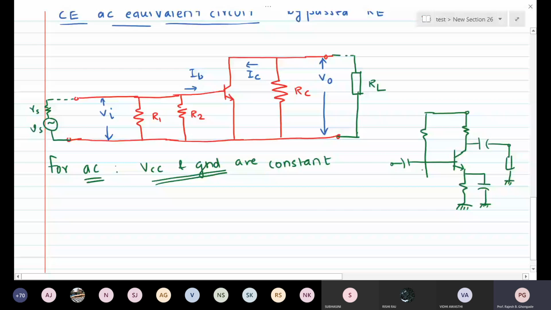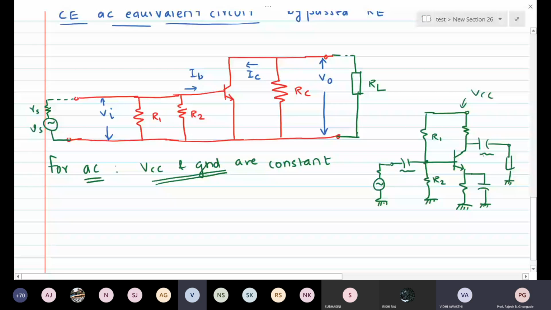This is the ground. So when we say that VCC and ground are the same, look at this point. This is R1, this is R2. Of course, let us not forget the source also. Okay, so when we draw the AC equivalent, basically the capacitors will act as short circuits. So you will not see capacitors in this figure. They are short circuited. All right. Is this okay? Yes, sir.